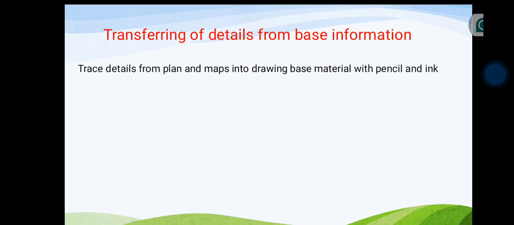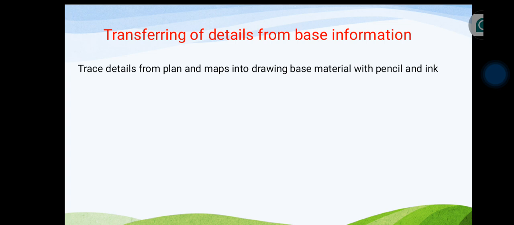Then next, transferring of details from base information. How do you transfer details? This is the manual way of drawing your map. Let's look at this scenario.